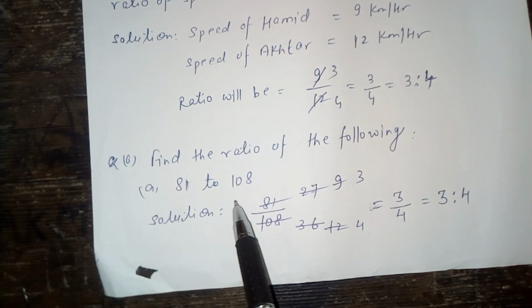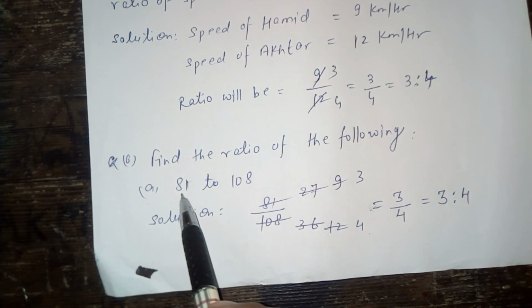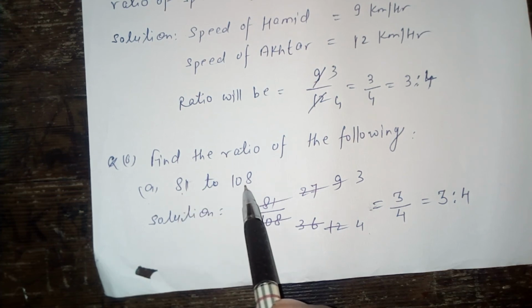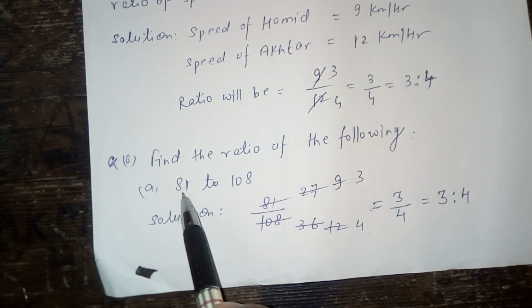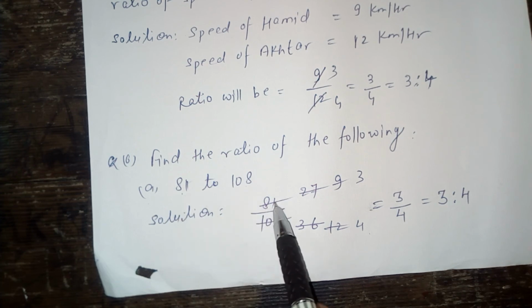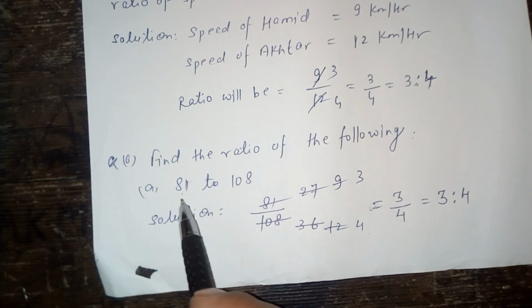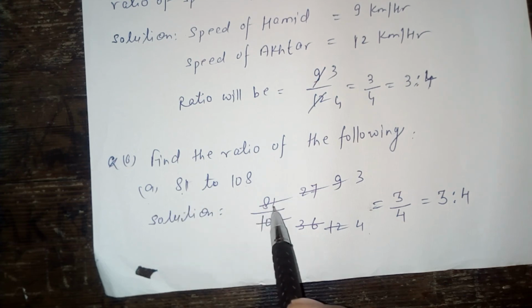Which number can you take in the numerator and which in the denominator? The first number, 81, will be in the numerator and the second number, 108, will be in the denominator. So it will be 81 upon 108.